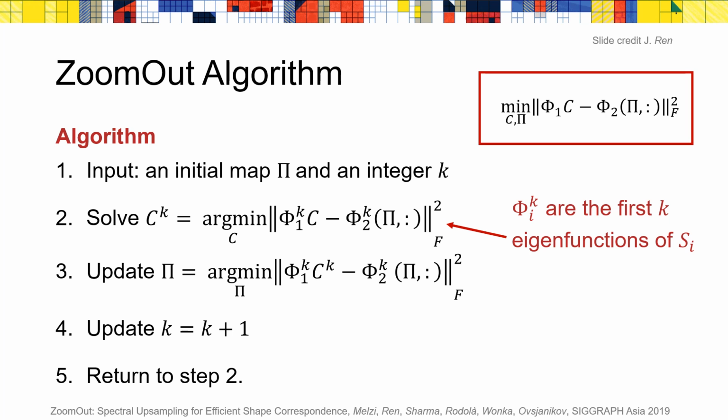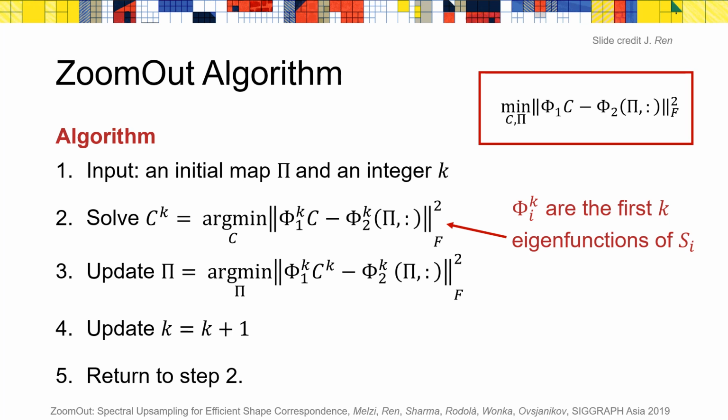Once we have done that, we update the value of k, and we increase this value by 1. With this new value of k, we can return to step 2 and iterate this process until reaching some stop criteria.